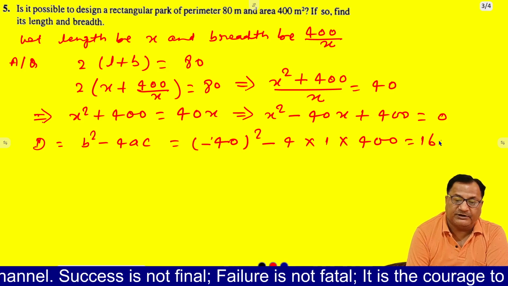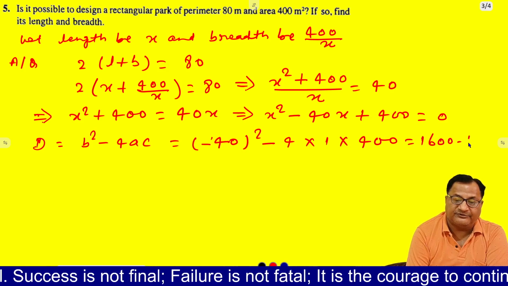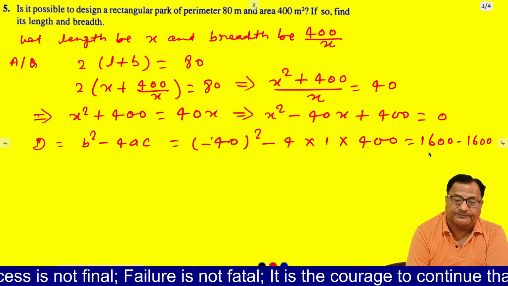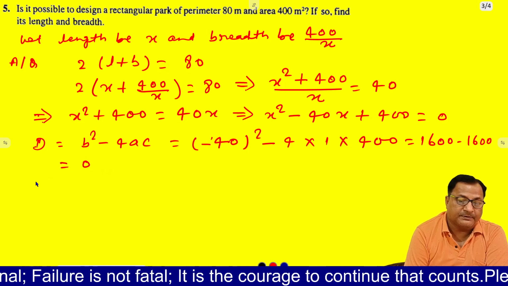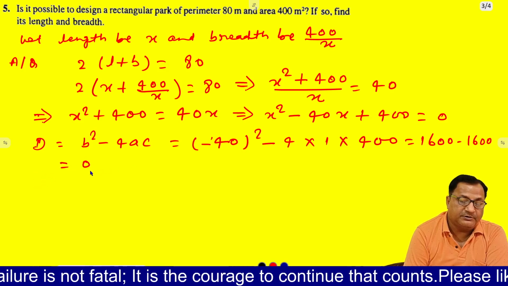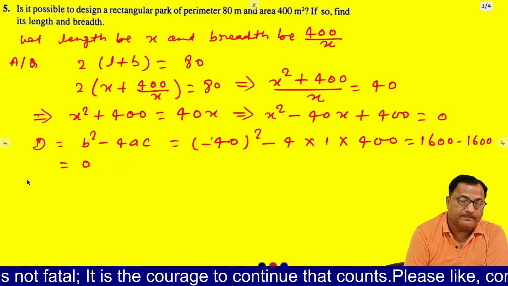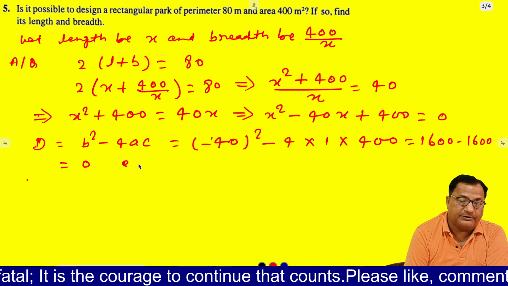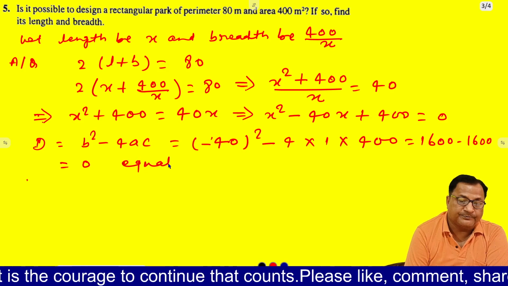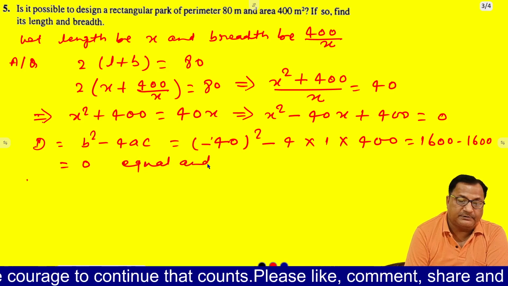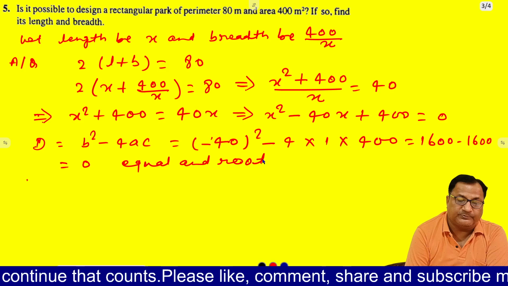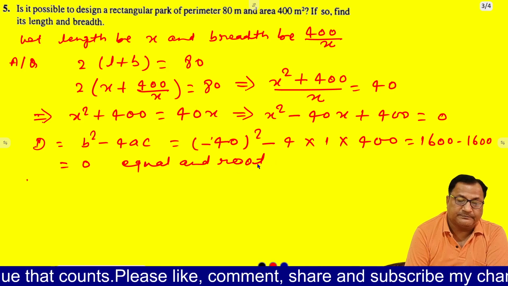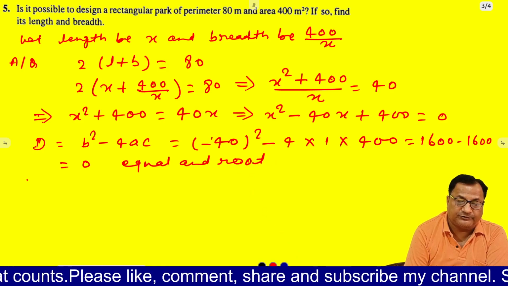This will be 1600 minus 1600, which is equal to 0. So D is equal to 0, therefore the roots are equal and real. So this is possible.